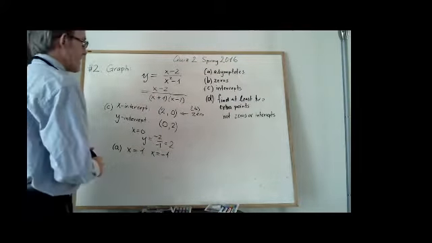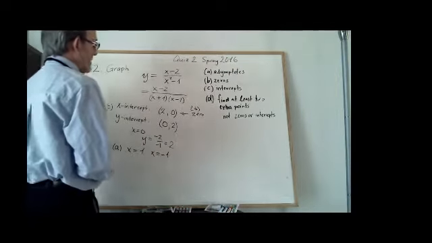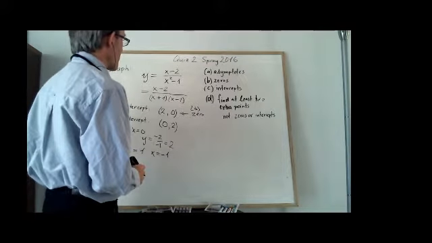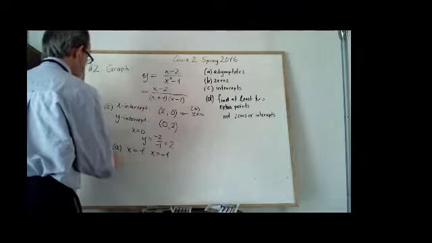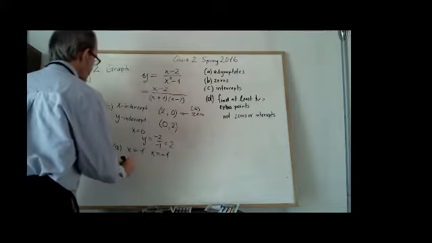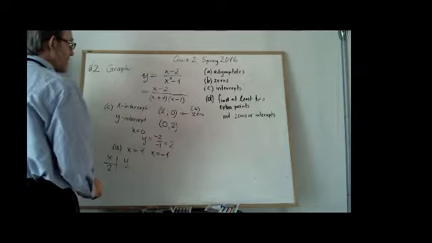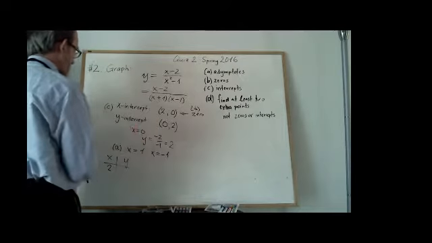And then D, find at least 2 extra points. Better not one of these. Okay, so let's try. We can use a table, and we could try evaluating x equals 2. Oh, actually, it's an intercept, right? Sorry.